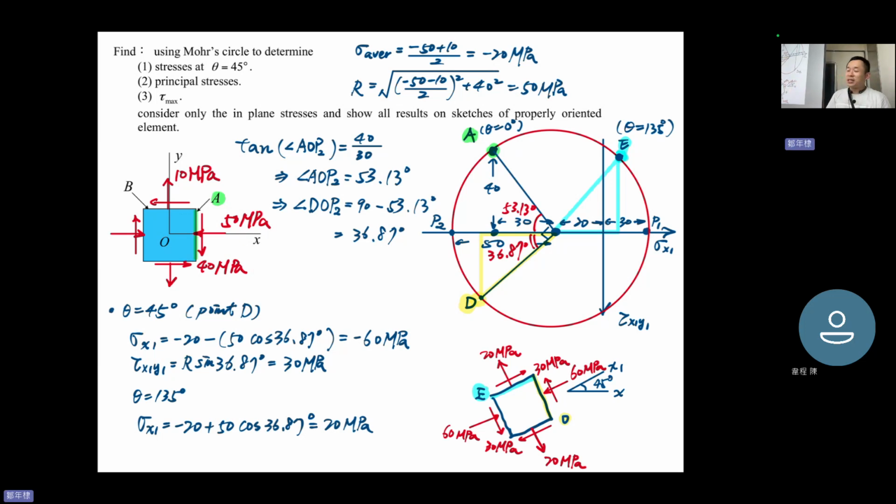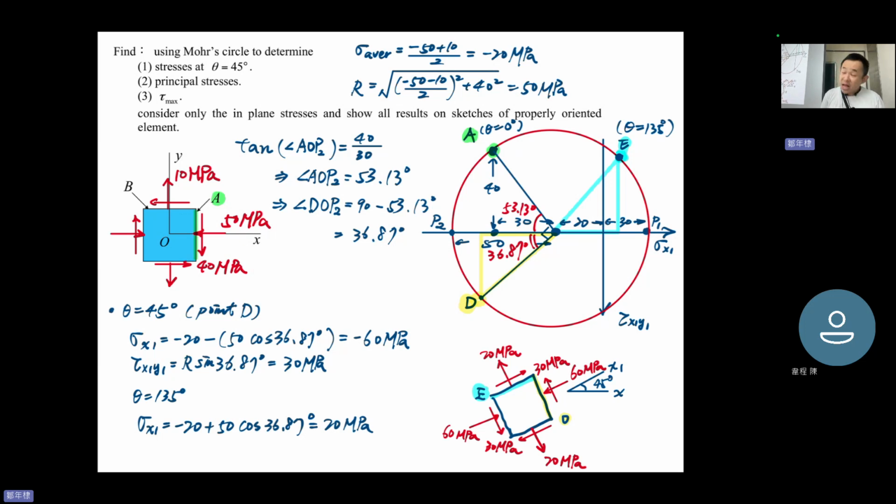Problems 2 and 3 are basically, again, very, very easy, right? Principal stress, P1 and P2. All we need to do is get the coordinate. You know how much it is, right? 30, right? This is, what is that? 70 minus. Okay, so you can do it almost immediately.